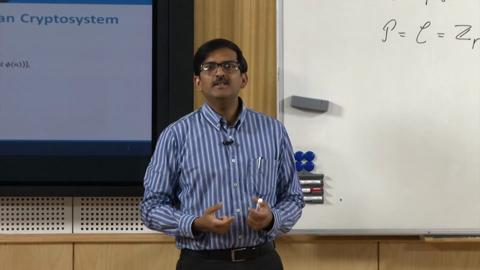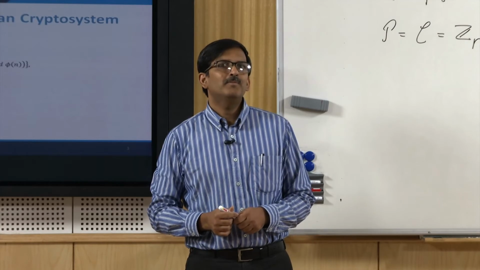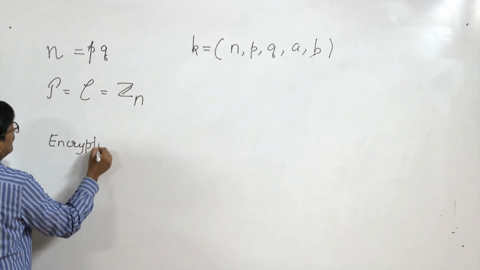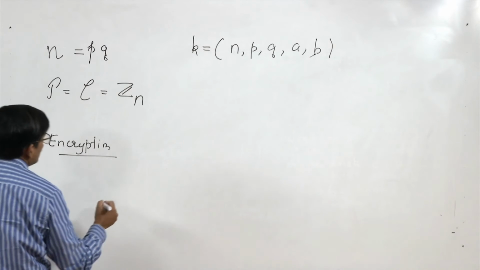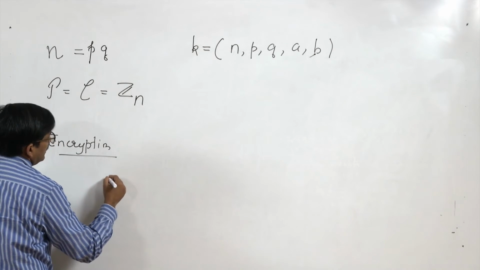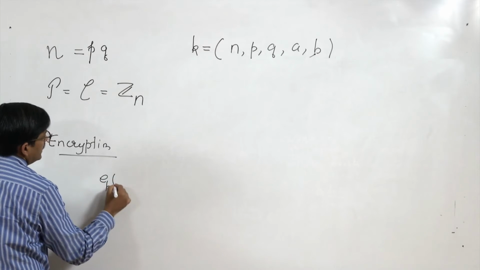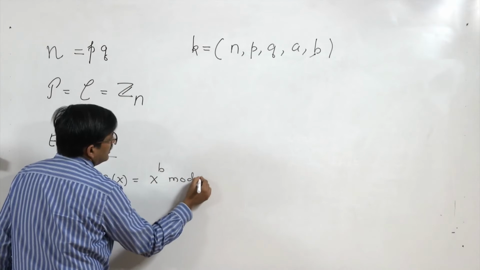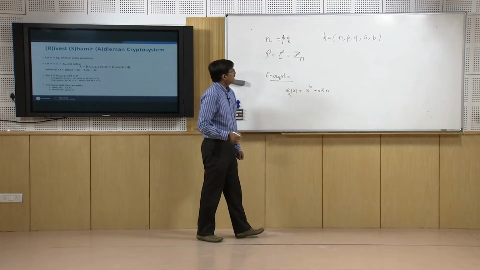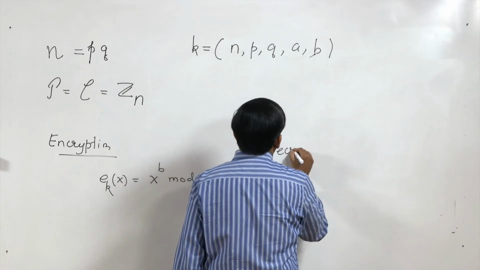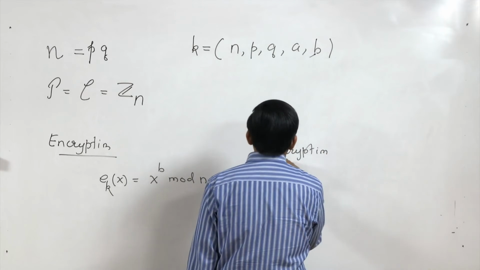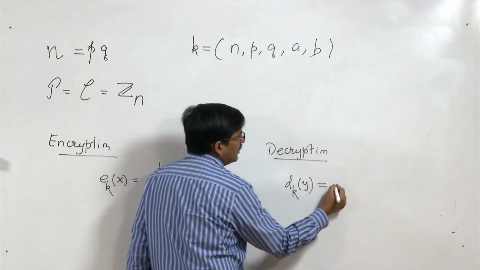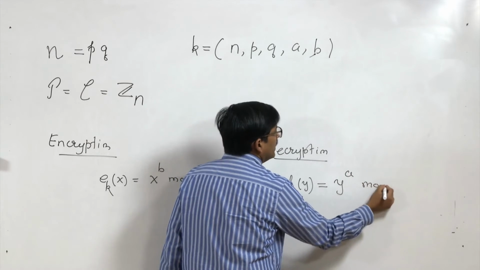The encryption of RSA is done by using the public key, which is N and B, so the encryption function e_K(x) is equal to x to the power b mod n, and the decryption function is d_K(y) is equal to y raised to the power a mod n.